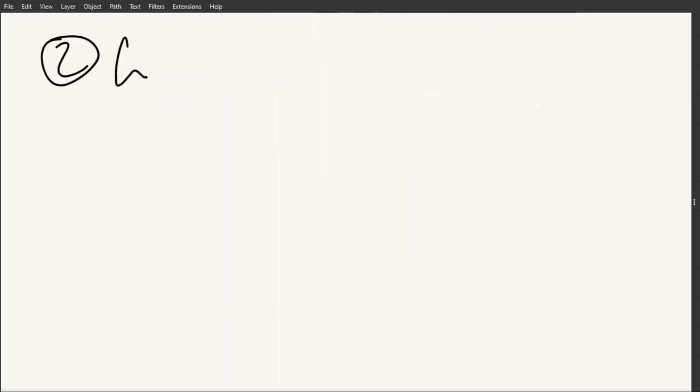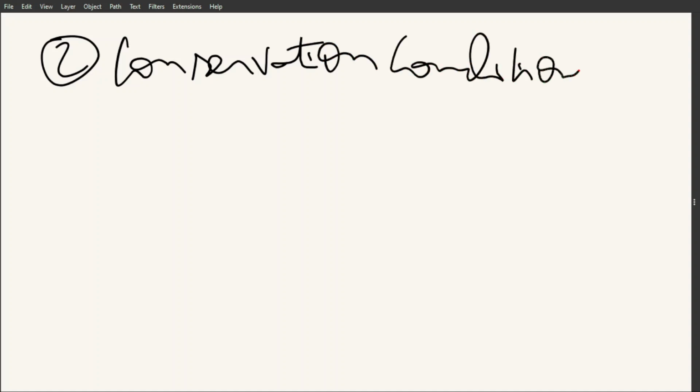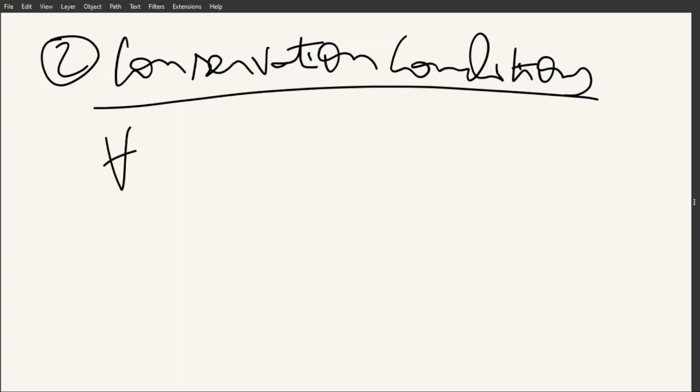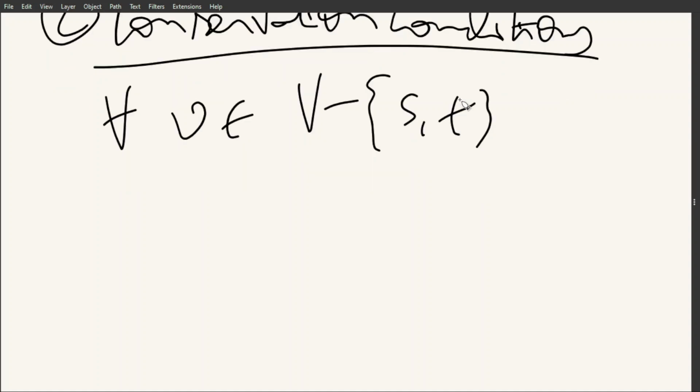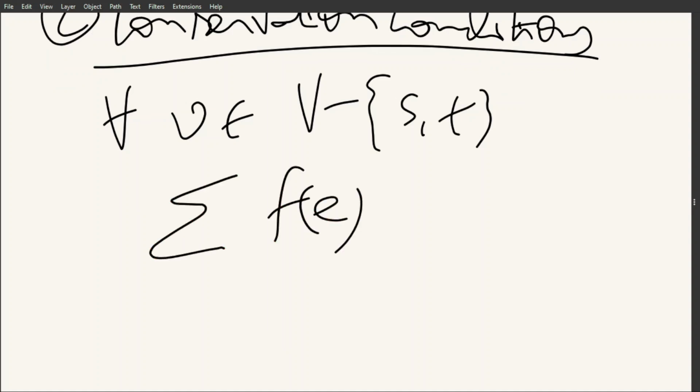Second, conservation conditions for other nodes than source and sink. So for all v belonging to V minus {s, t}, we should have inflow equal to outflow. So inflow we write sum of all f(e), the edges into v, incoming edges to v.